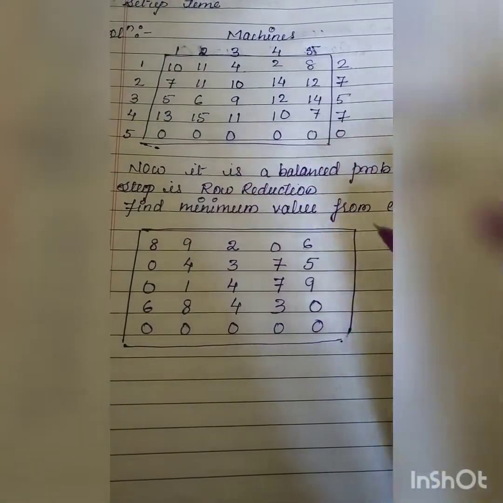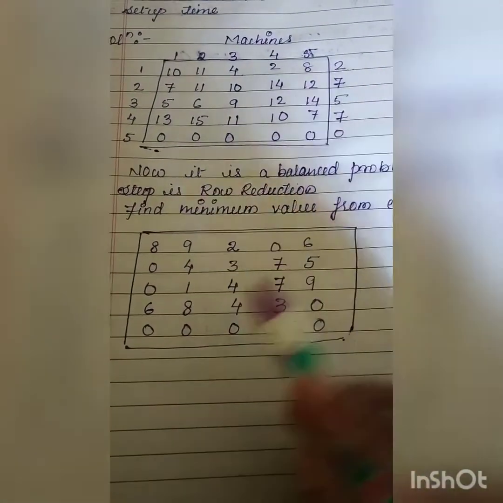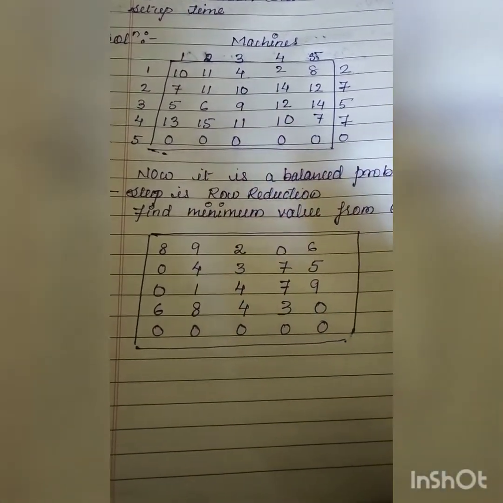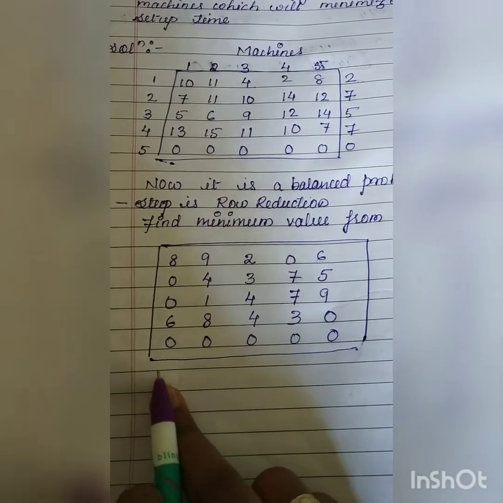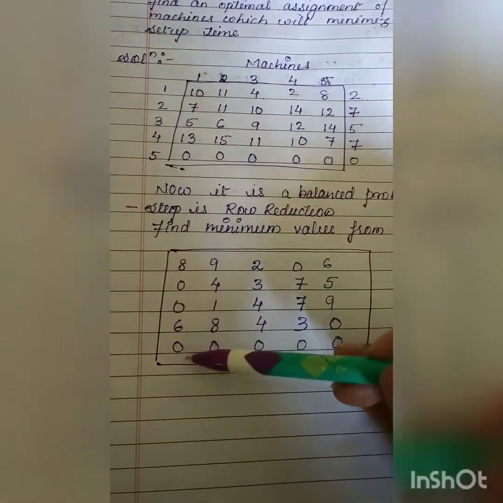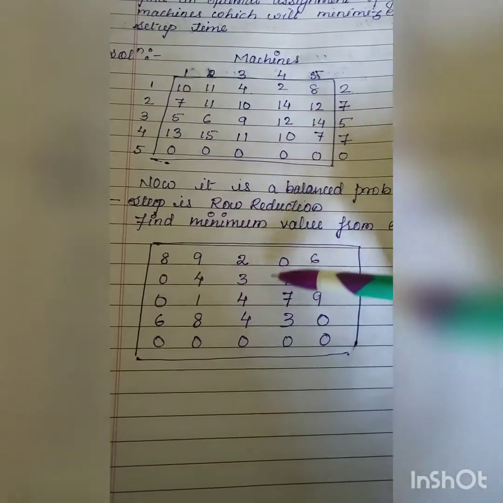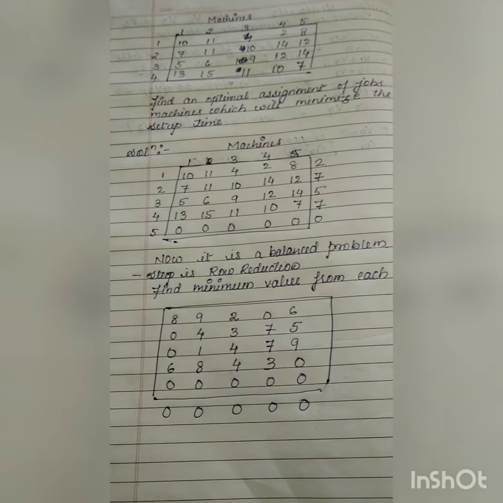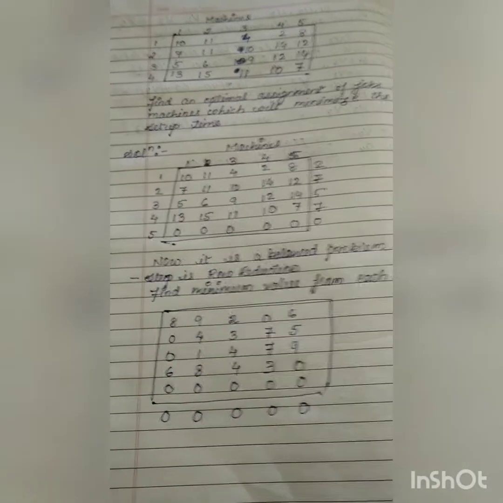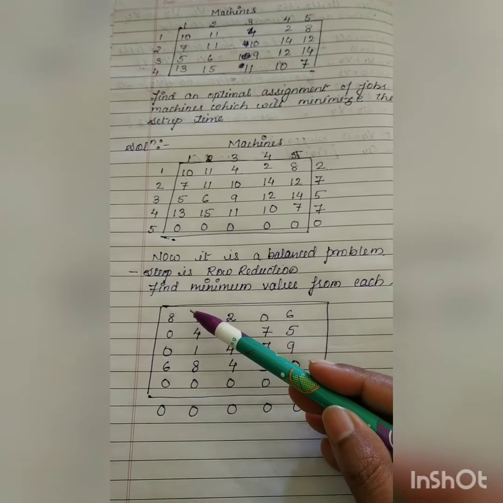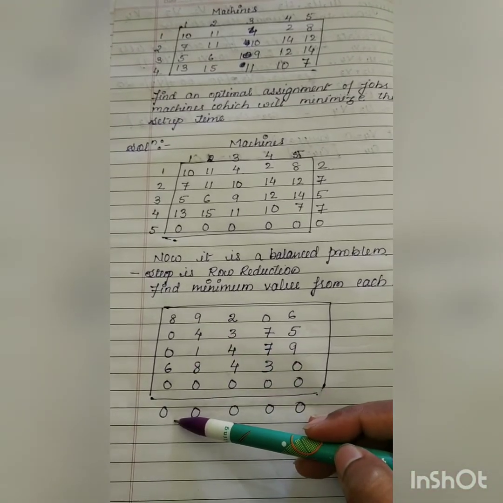Now from this result of row reduction, the next step will be column reduction. In similar fashion, for each column find the minimum value. Now we have found the column minimum from among the entries present in each column.